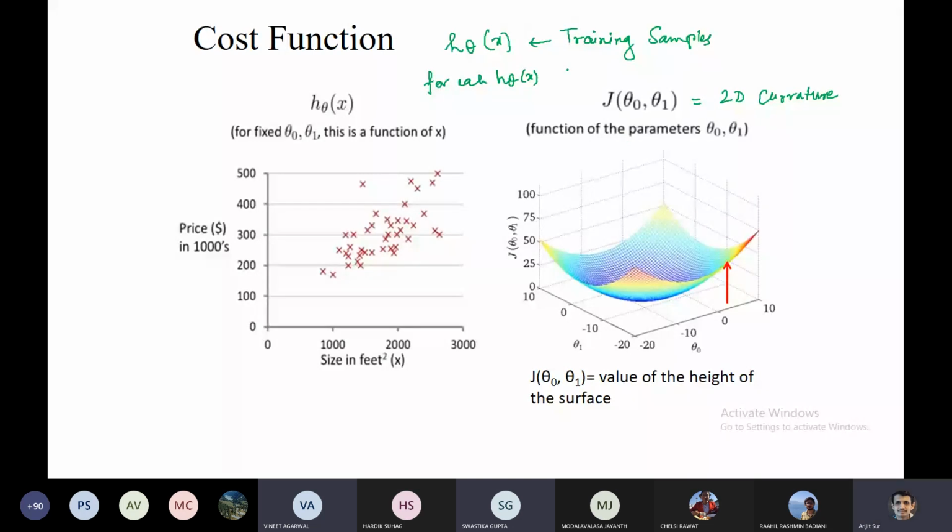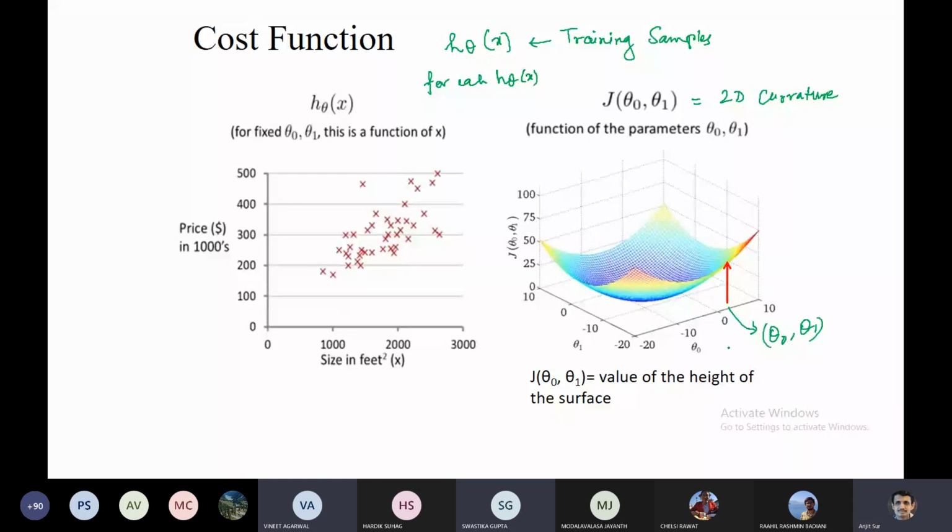So if we plot this over theta 0, theta 1, it is a 2D kind of curvature. And this line is given by a particular theta 0, theta 1.